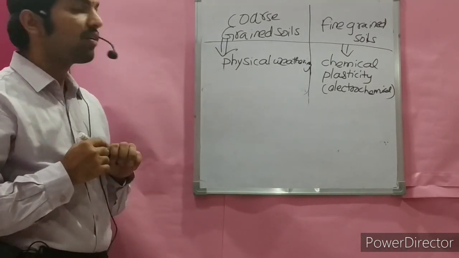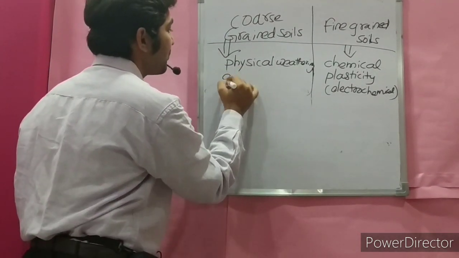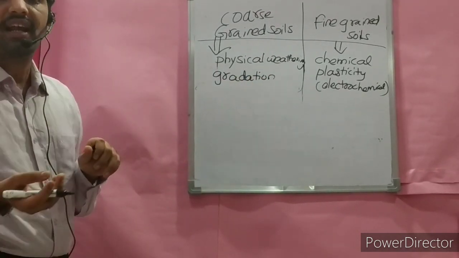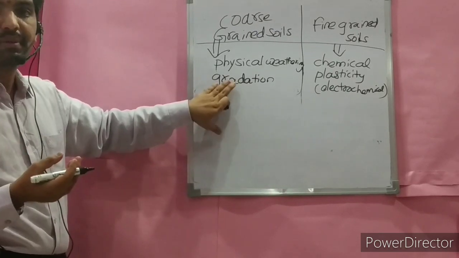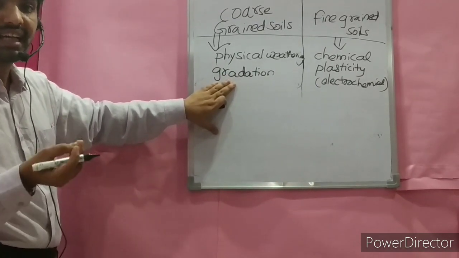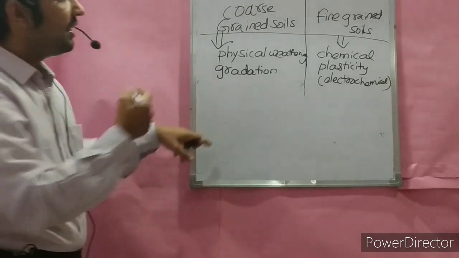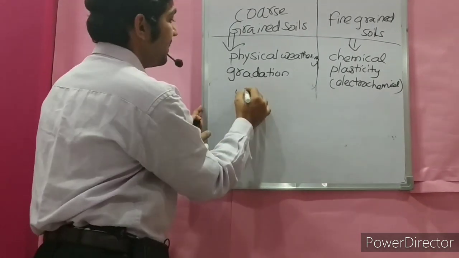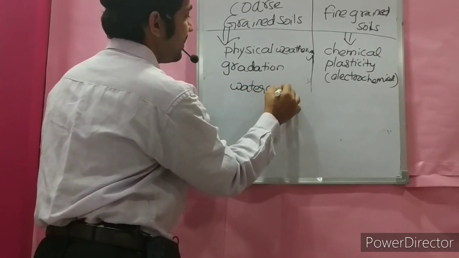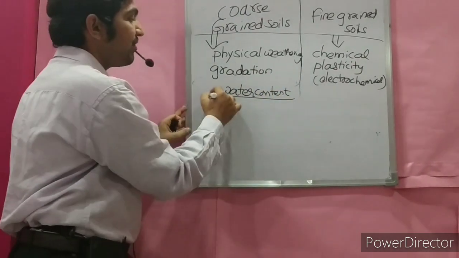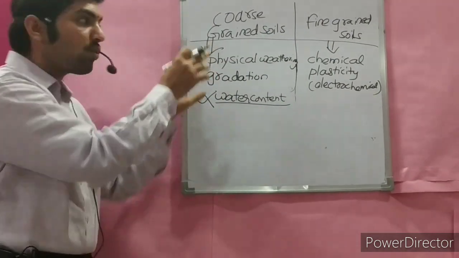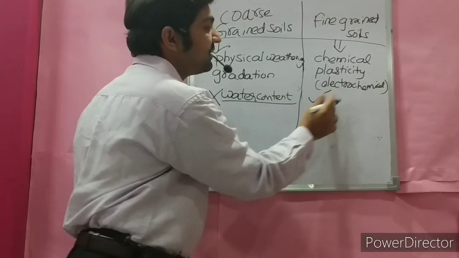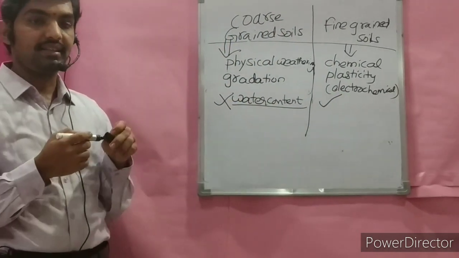Coming to the coarse grained soils, they are expressed in terms of gradation: well graded gravel, poorly graded gravel, well graded sand. Particle size is expressed in terms of gradation. The behavior of coarse grained soils does not change with change in water content, meaning water content has no influence on coarse grained soils, but the behavior of fine grained soils changes with change in water content.